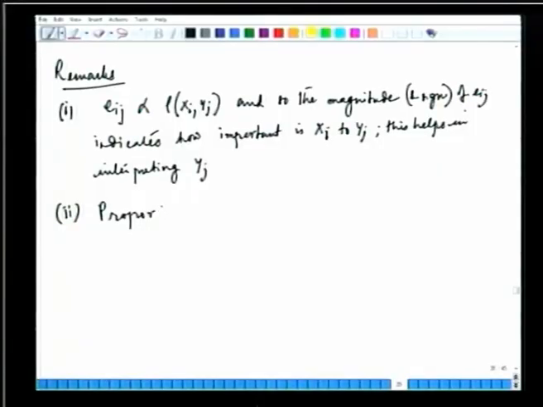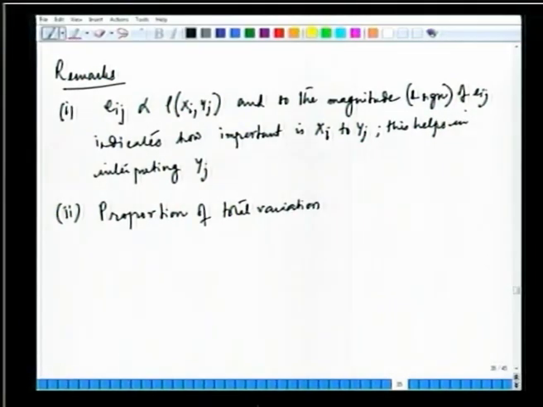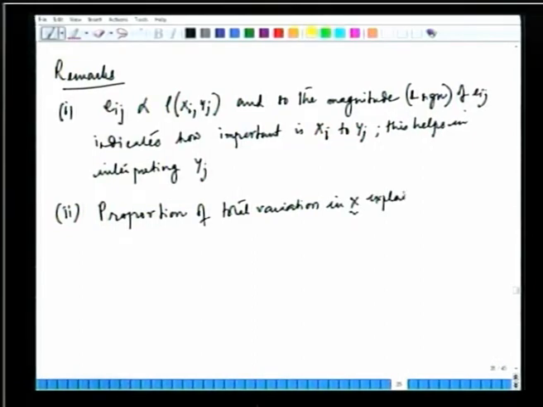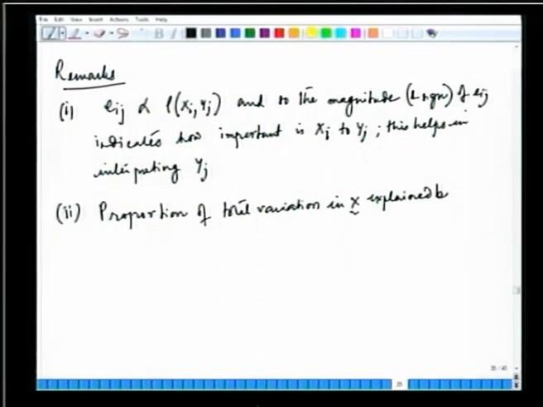Okay. But before that I can also say that the proportion of total variation in x explained by the kth principal component, right.